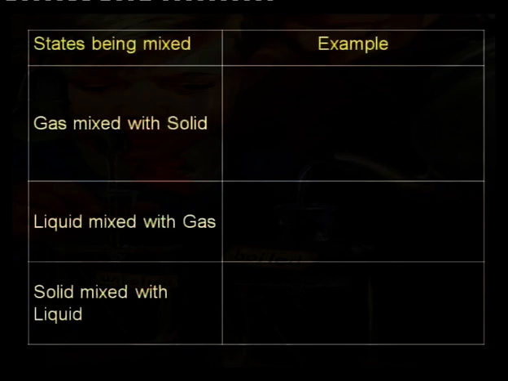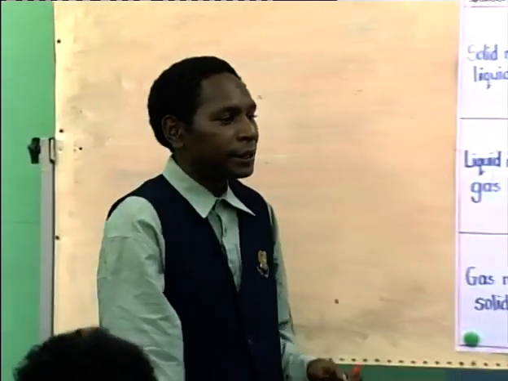Right, receiving students and class, by now you should have at least completed getting that table down. Okay, let us look at our chart. Now, on the PowerPoint, we have gas mixed with solid first. So that is what we are going to look at first.